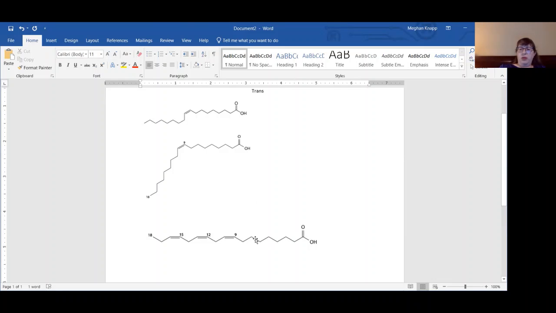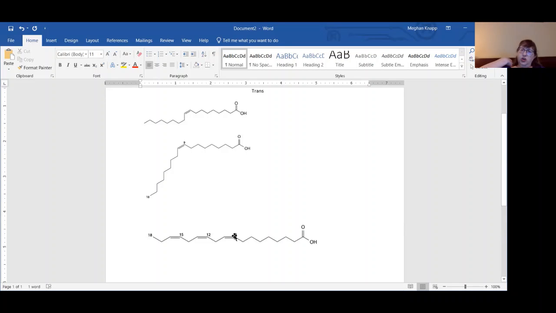So when we get to this 9 here, that is the 9th carbon. And then this 12 is the 12th carbon, 15th and 18th carbon. If I count back in the other direction, I have 1, 2, 3. The 3rd carbon has a double bond. So that's omega-3. And then 1, 2, 3, omega-6. And another 1, 2, 3 gives me omega-9.